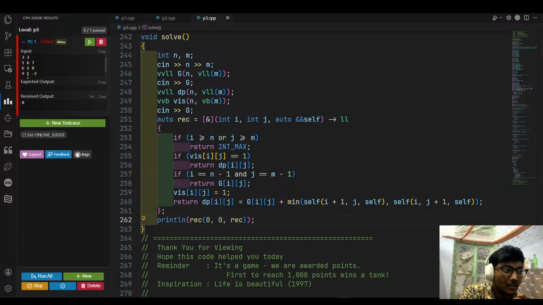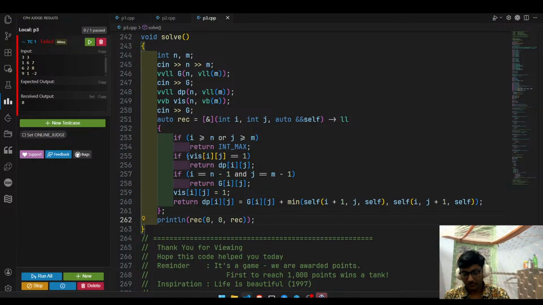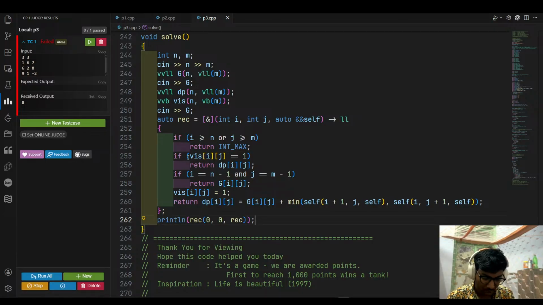So I think 1, then 6, 7, 8, 9, 10, and 10 minus 2, 8. This is probably the optimal. If you just redefine my variable, yeah, I hope this problem is understood.